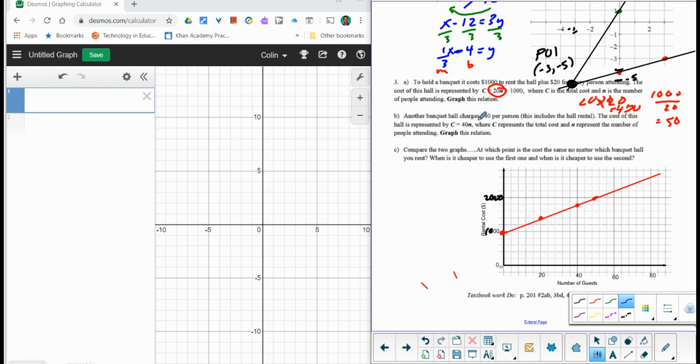Another hall charges $40 per person, and the cost of the banquet is represented that way. So it includes the banquet rental. There's no pre-payment for the banquet rental. So C is cost, and that means there's no B. The B is 0, so we start right at 0.